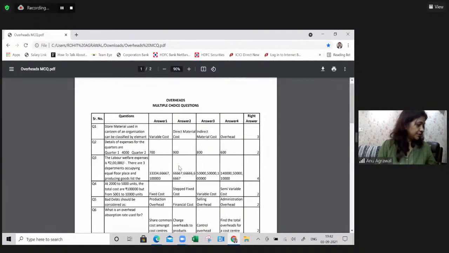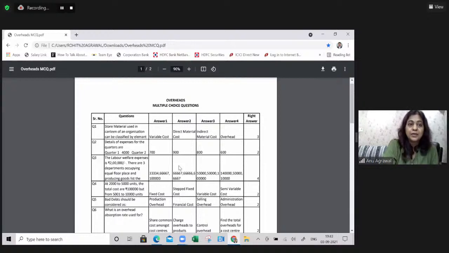The question here is, store material used in canteen of an organization can be classified by element as variable cost or material cost, indirect material cost or overhead. Obviously, by element, it will go where? The answer should be indirect material because it's a canteen.